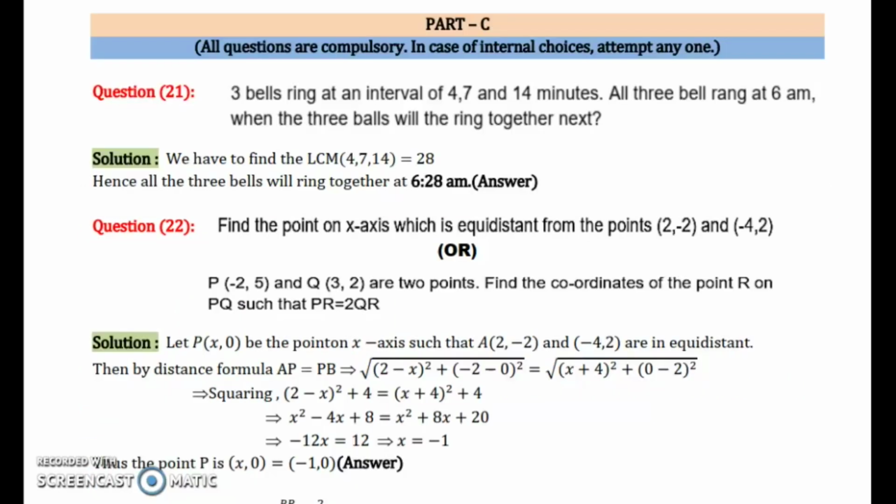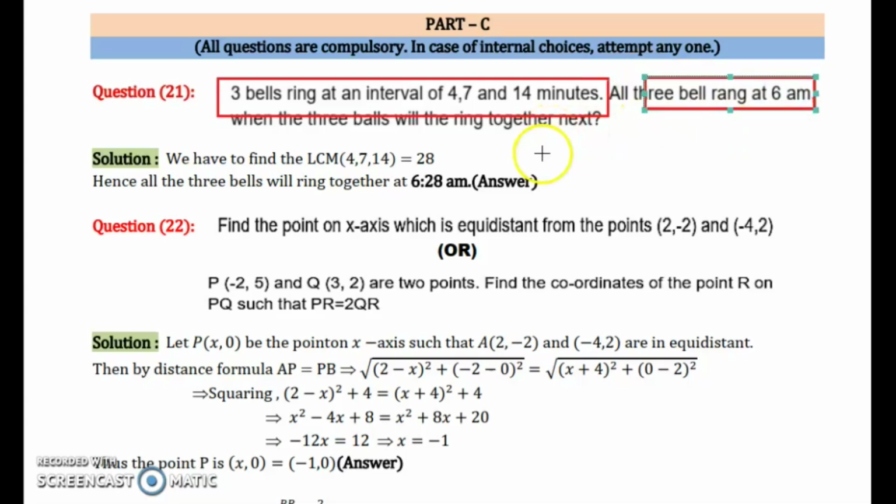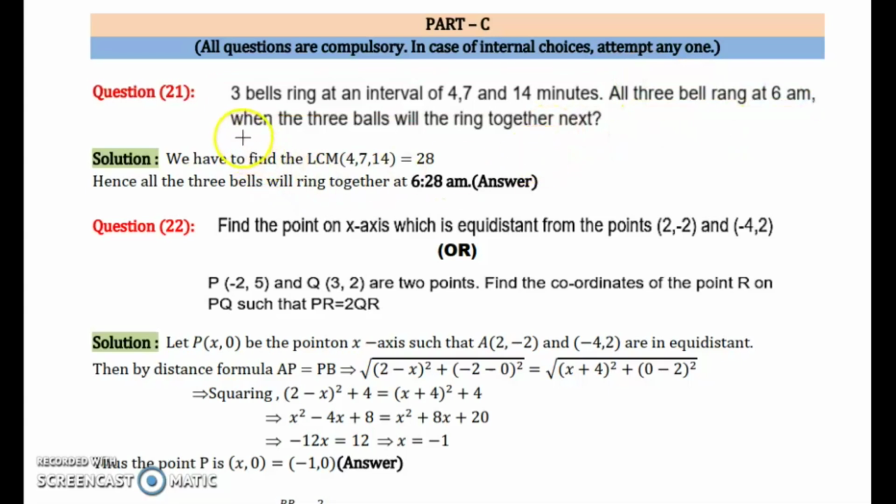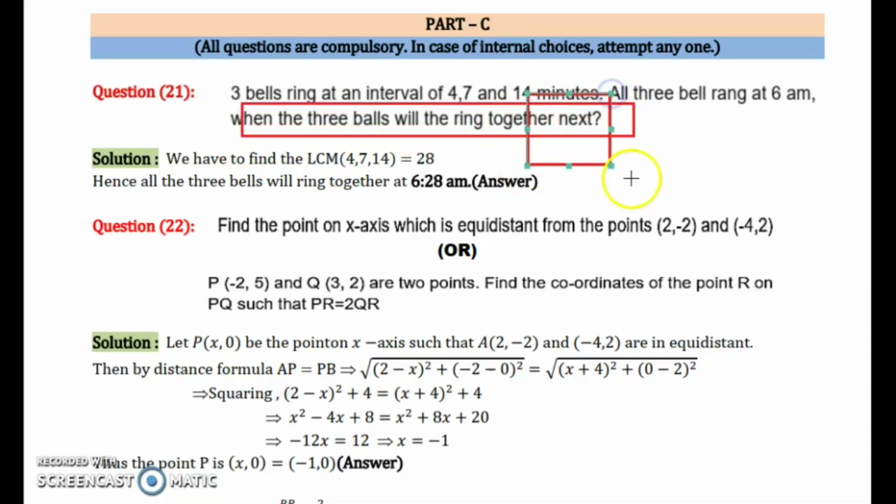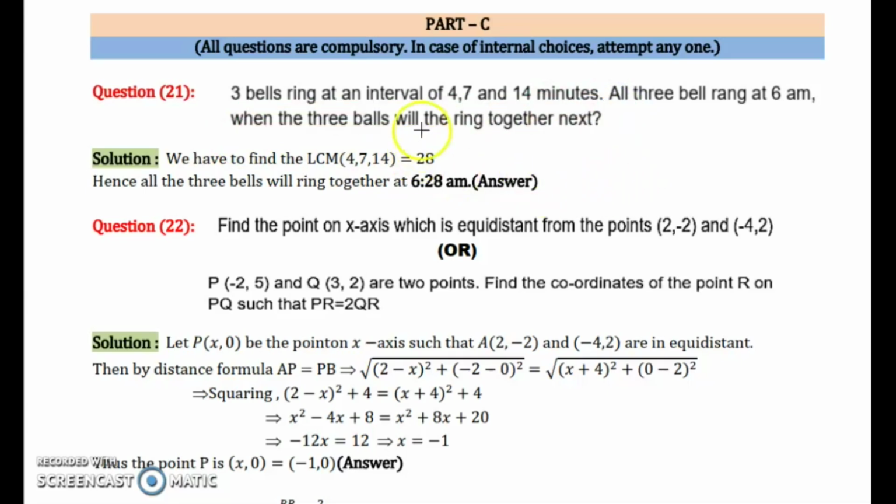Okay, right. Now let us move on to the next part. Question number 21. What is the problem? It says 3 bells rang at intervals of 4, 7 and 14 minutes. All 3 bells rang together at 6 a.m. The question asked is, when do all 3 bells ring together next time? That means we have to find the LCM of 4, 7 and 14.